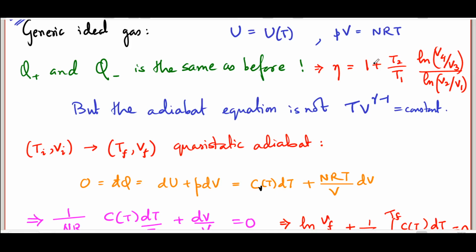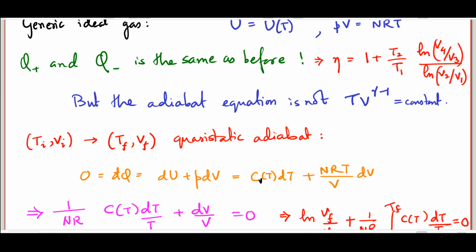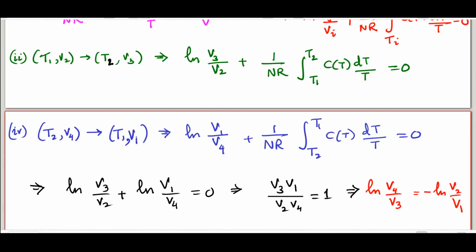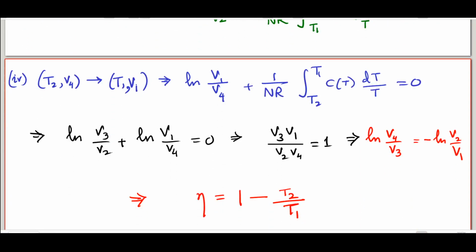So we have seen that both for an ideal gas with constant heat capacity, and a generic ideal gas, something for which U could be an arbitrary function of temperature, the efficiency is ultimately given by the same expression, eta equals 1 minus T2 by T1. Let me once again remind you that the temperatures used here are empirical temperatures, but not just any empirical temperature. These are temperatures according to the ideal gas scale.